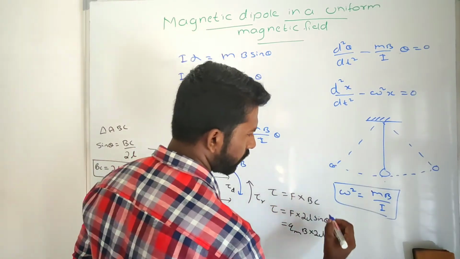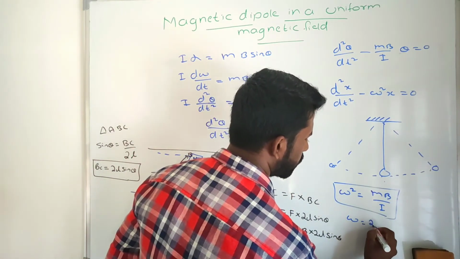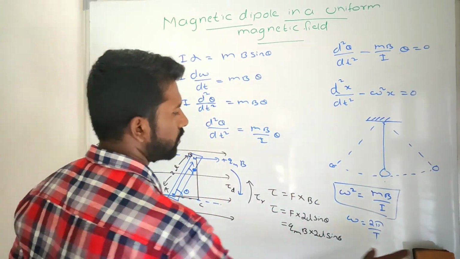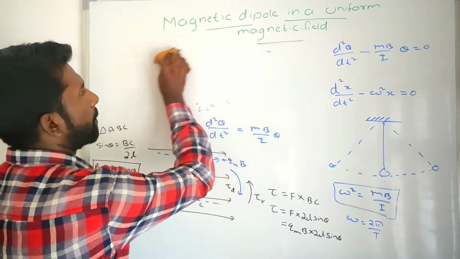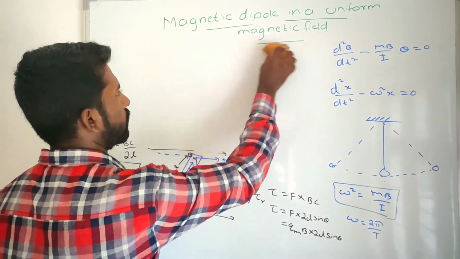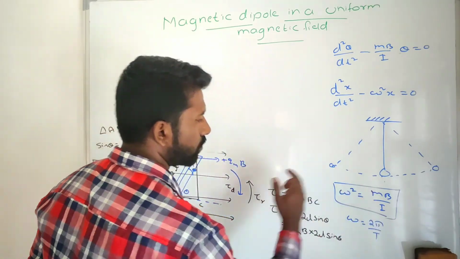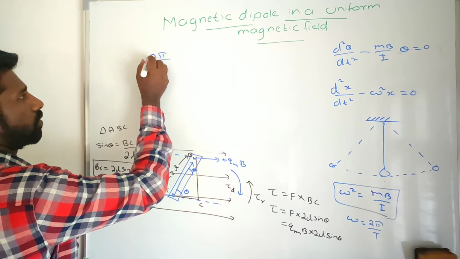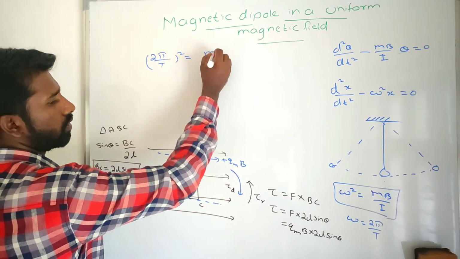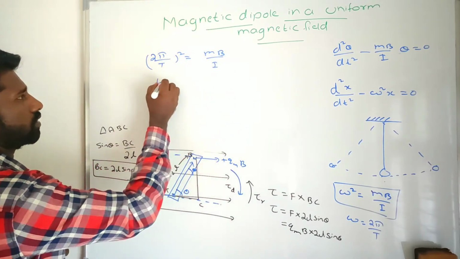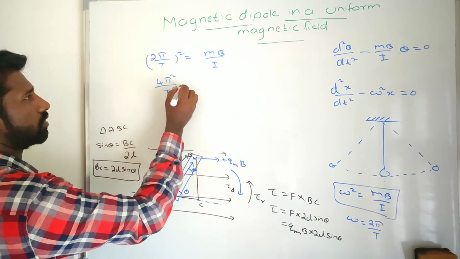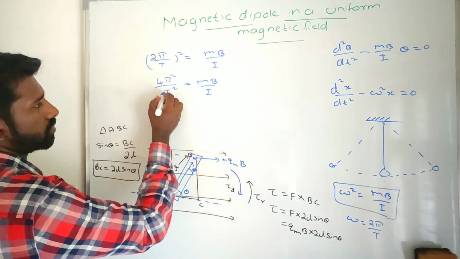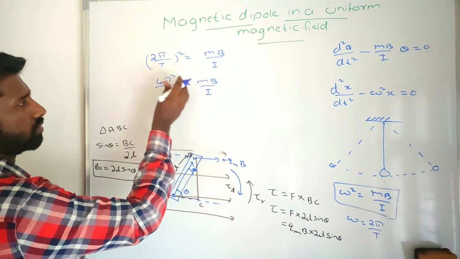Then what about the angular frequency formula? That is 2 pi by T, where T is the time period. You can substitute it here, so you will get (2 pi by T) whole square is equal to mB divided by I. That is 4 pi square divided by T square is mB divided by I. So from this, take T square to that side and the rest to this side.